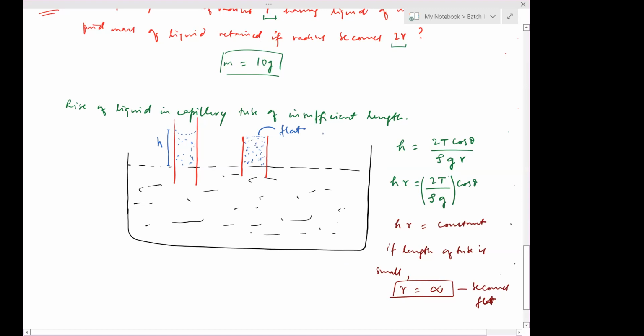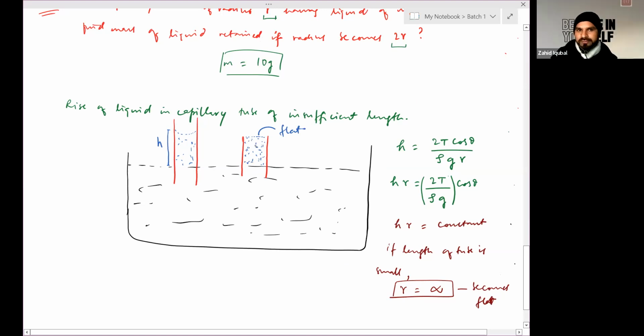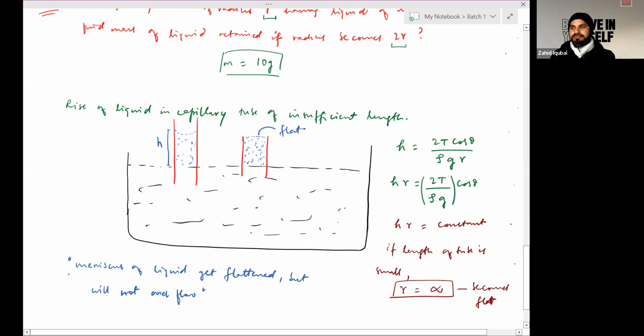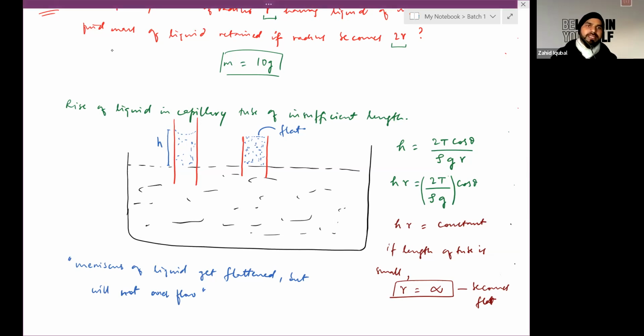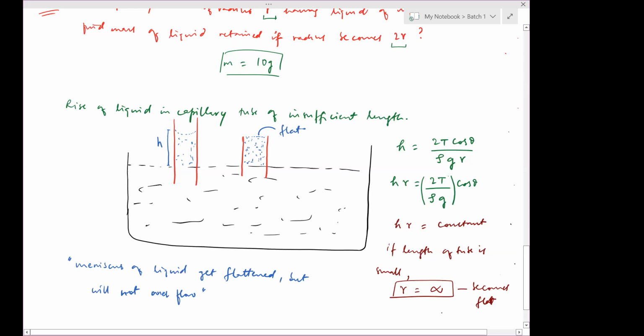So if the tube is of insufficient length, the meniscus of the liquid may get flattened at its topmost point, but will not overflow. Hiba, is it clear? Yes, sir. Okay.